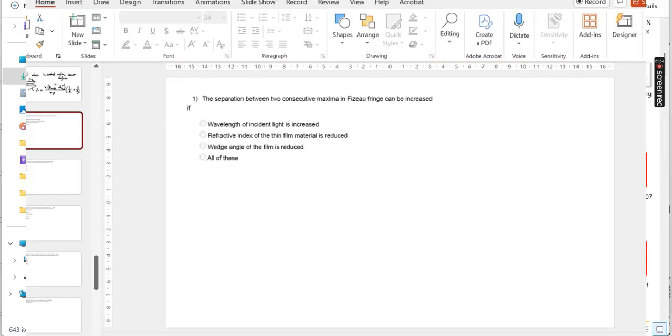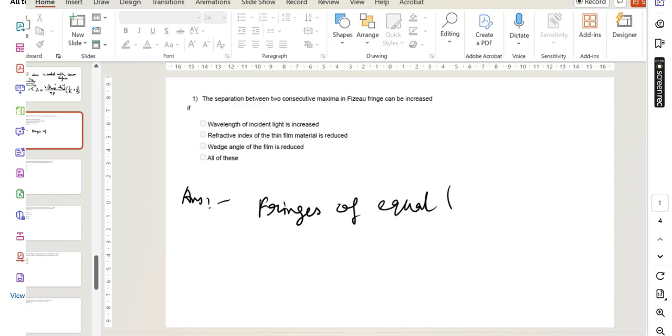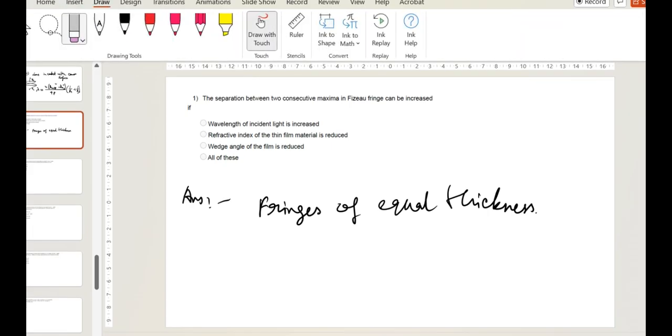Into consecutive maxima in Fizeau fringe can be increased if... sorry, it's not fringes of equal thickness, it's fringes of equal inclination, but that doesn't matter in our discussion.